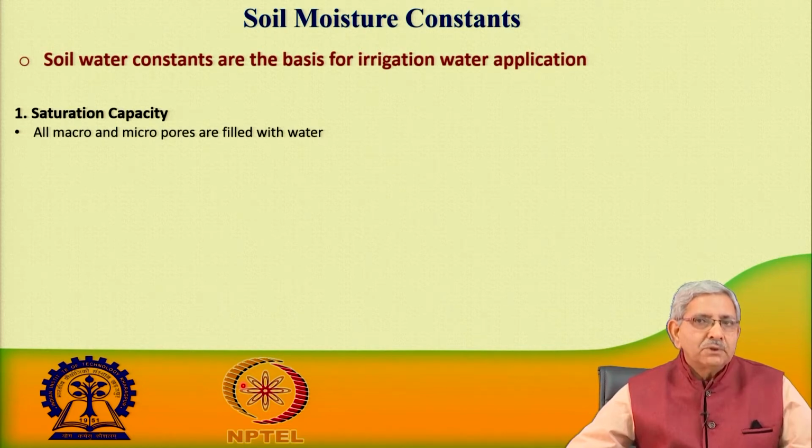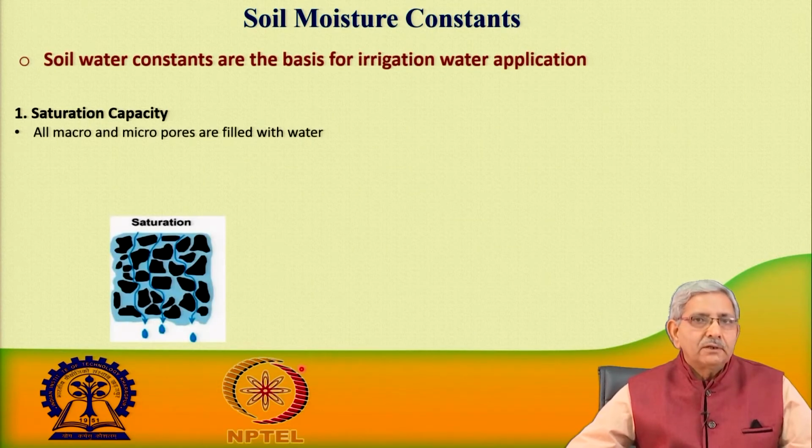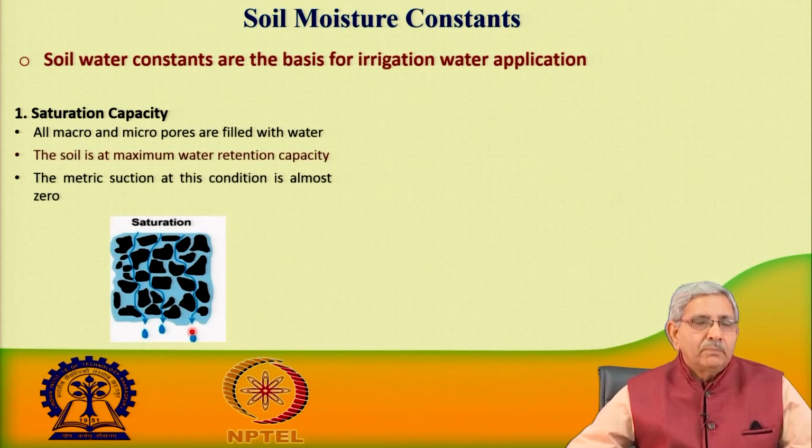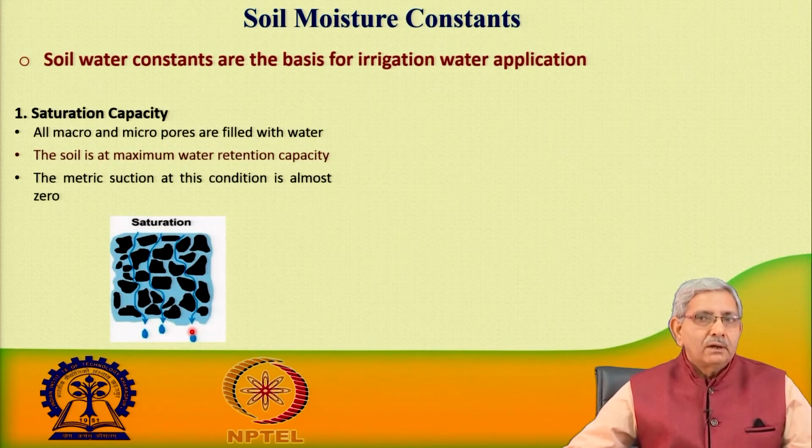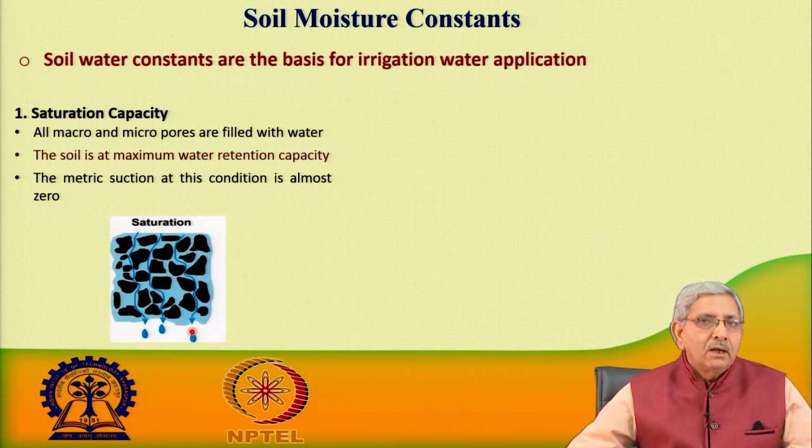If all the pores, micropores and macropores, the larger size pores and smaller pores, are filled with water, we call it saturation capacity. Here the soil is saturated and water is coming out of the soil particles. The soil is at maximum water retention capacity, and matric suction is almost 0.